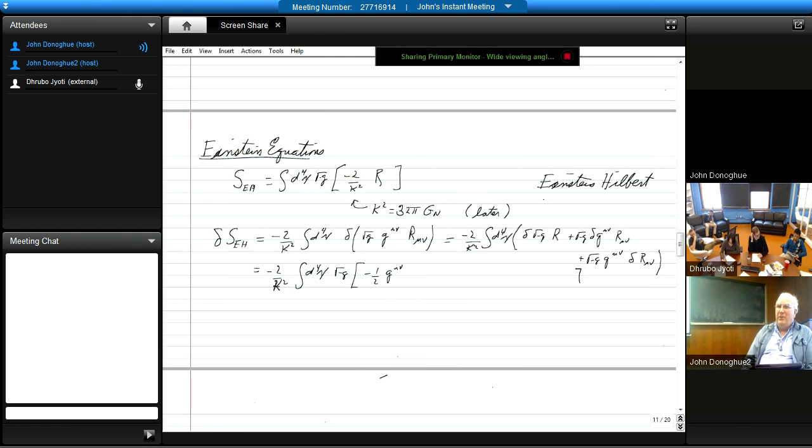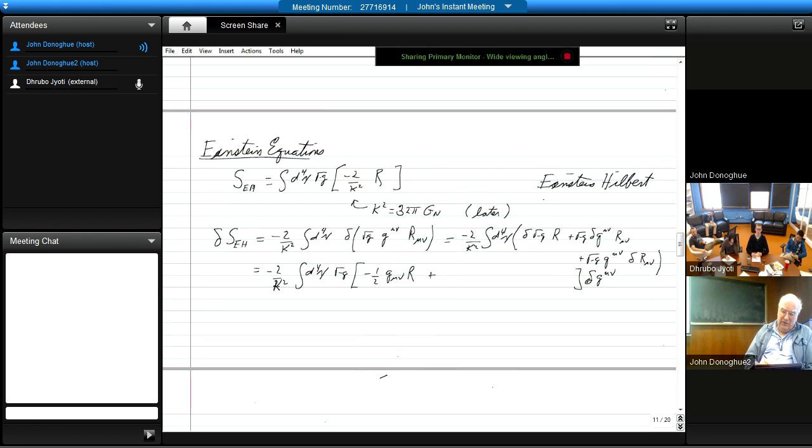It gives minus a half g_{mu nu}, lowered, and vary delta g^{mu nu} upper. The 1/2 clearly comes from the square root. The minus comes from the minus. The g_{mu nu} delta g^{mu nu} comes from varying the determinant.